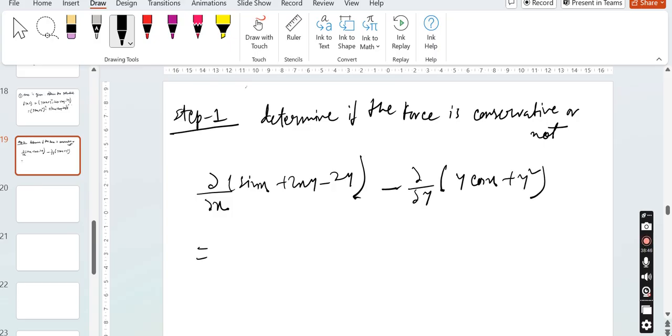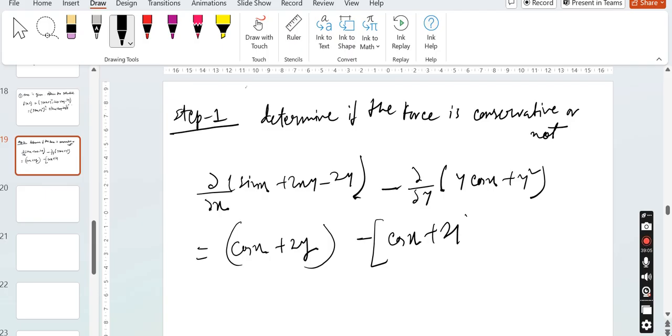So we will see if this thing is 0 or not. So derivative of sin x plus 2xy is cos x plus 2y, derivative of 2y is 0, minus, here it will be cos x plus 2y. So basically it is 0, the force is conservative.